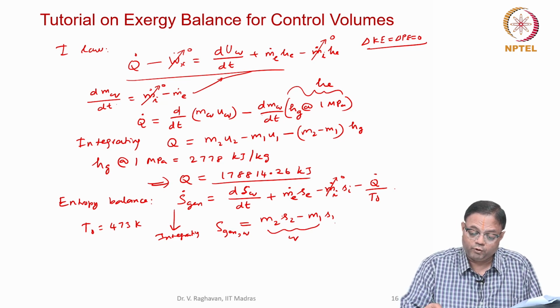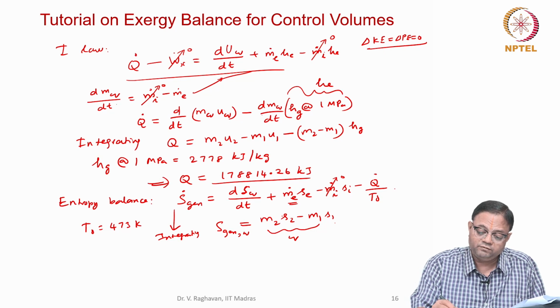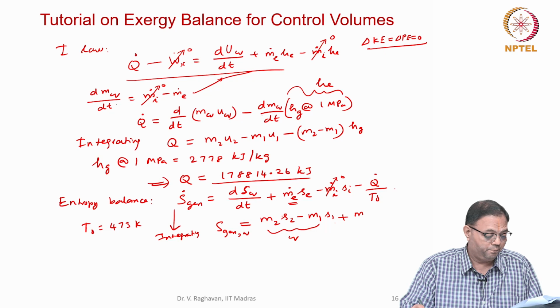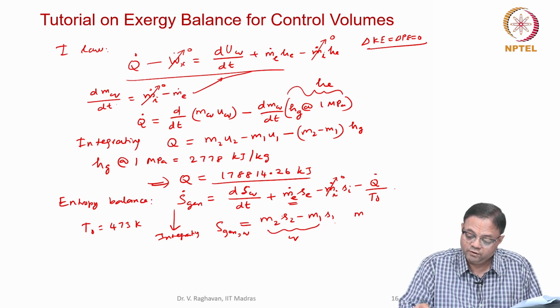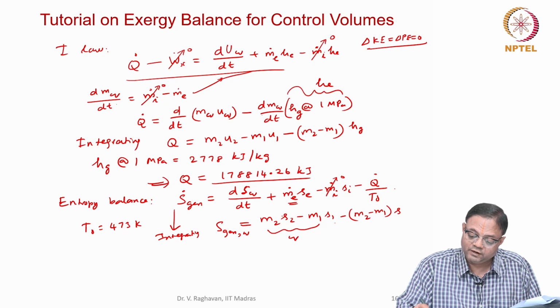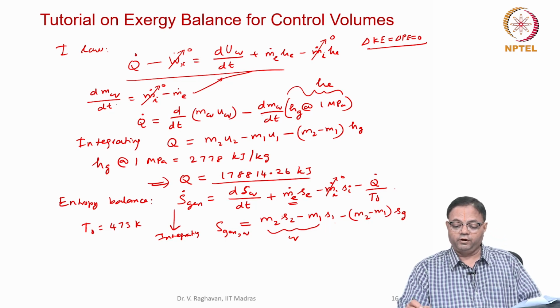Again, m dot e can be substituted as minus dmCV by dt. So when I integrate that, I will get minus, because this is minus dmCV by dt, m2 minus m1 into Se, where Se is the outgoing entropy.